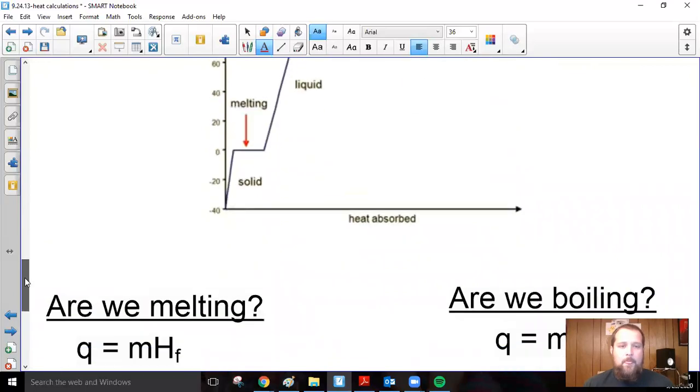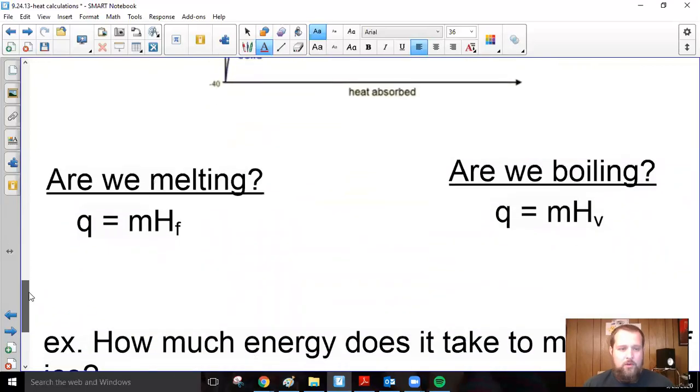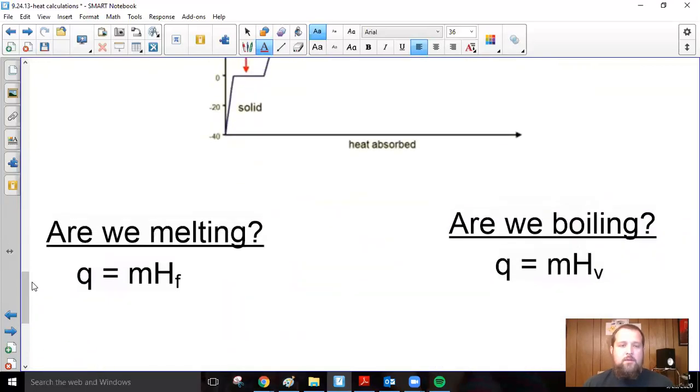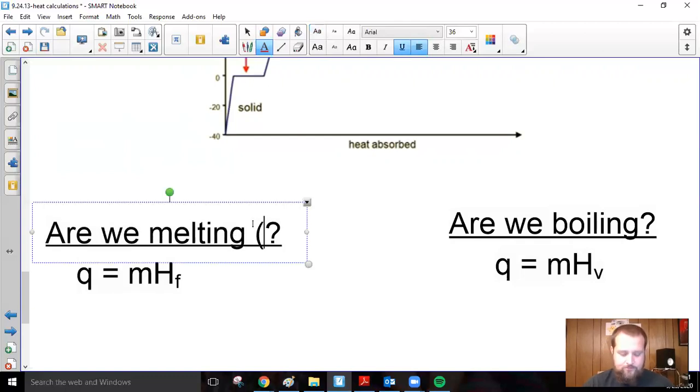So that's what those other two formulas are for. And if you have a paper copy of the reference tables, if you ever do, I strongly recommend writing a note to yourself that this is the formula for if you're melting or freezing.